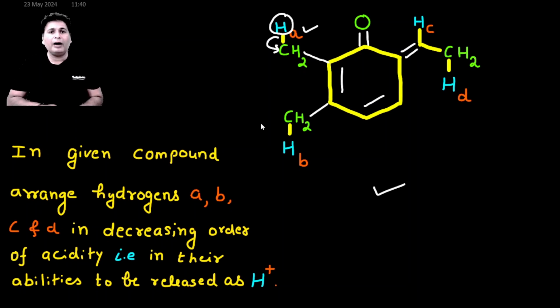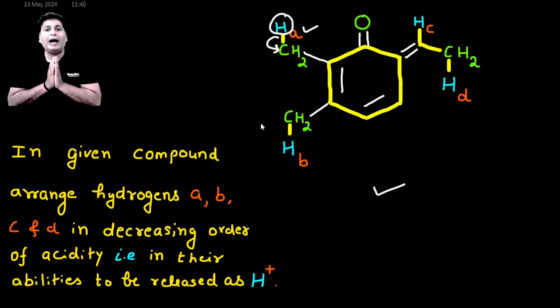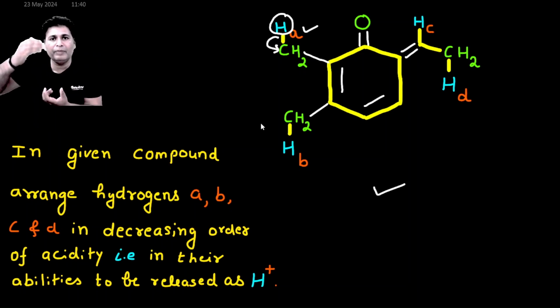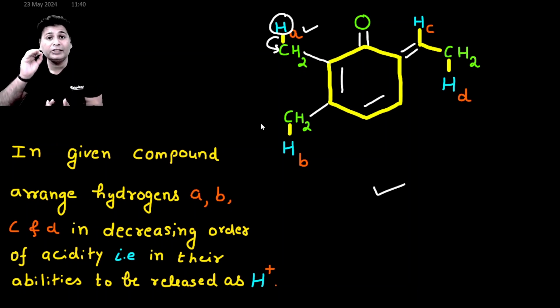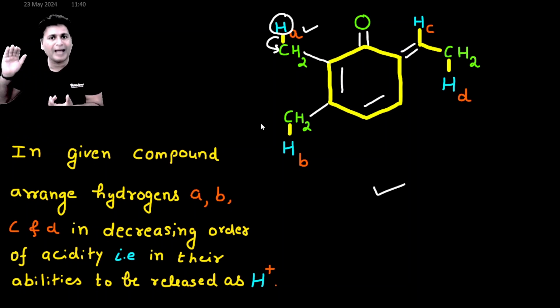When I talk about the acidity of a particular hydrogen, I mean the tendency with which that hydrogen will be given out as H plus, and this tendency is going to be higher if the carbanion formed after removal of the proton is stable.